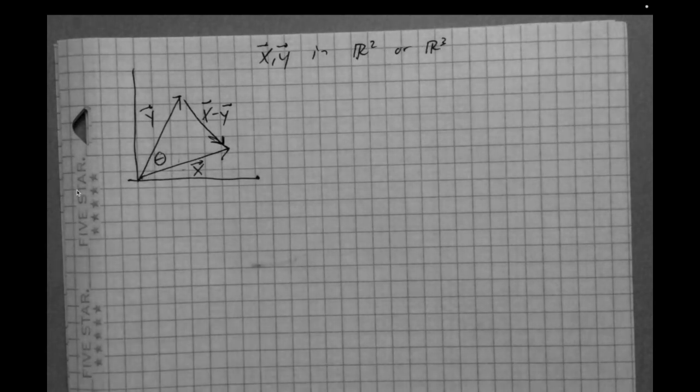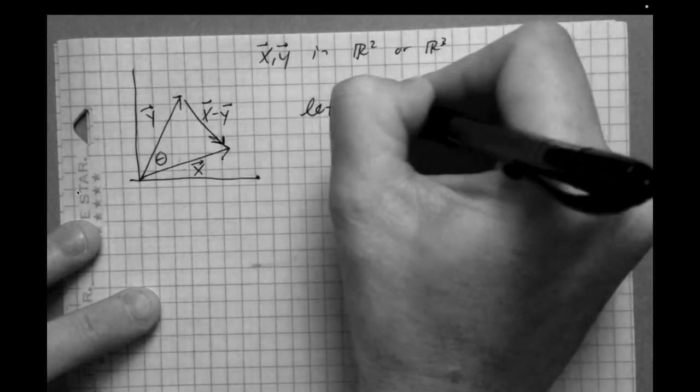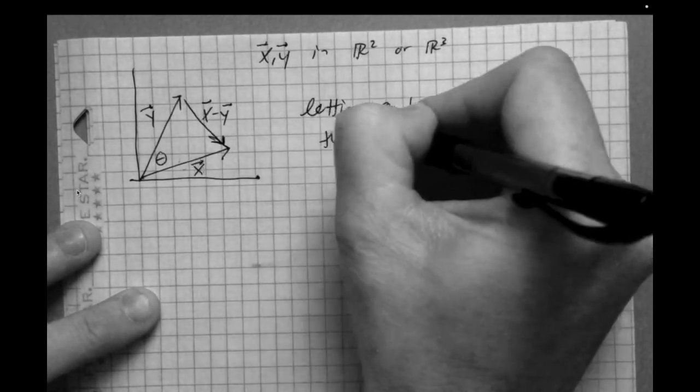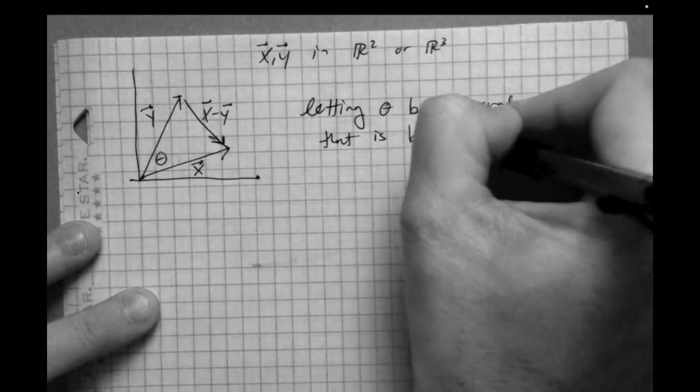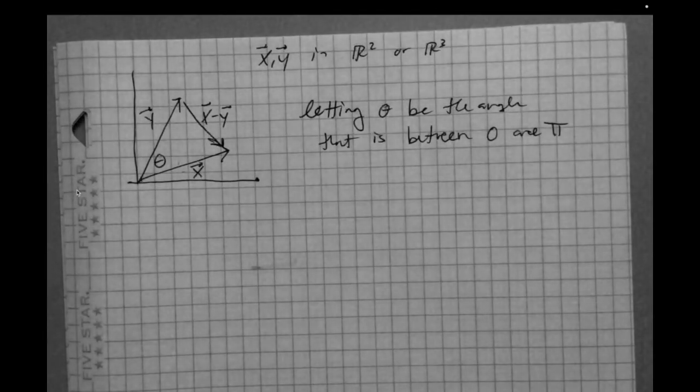We're always going to be talking about the angle between 0 and pi. It's always possible to do that. So we're always considering theta to be the smaller of the two implied angles, namely the angle that falls between 0 and pi.